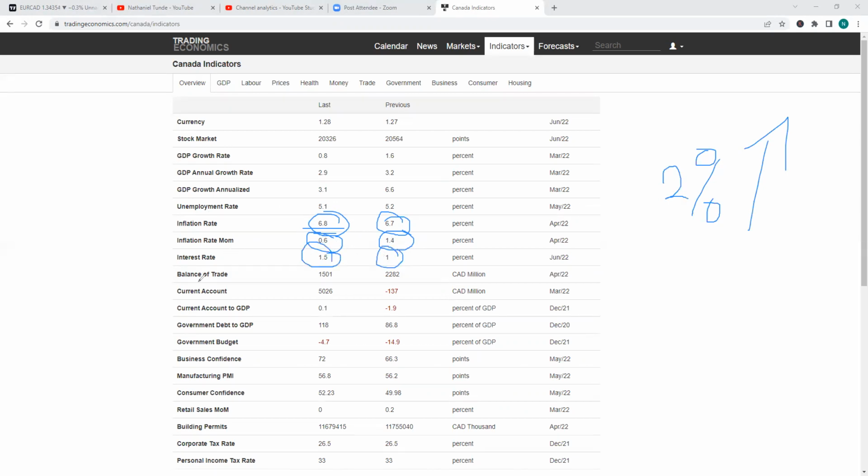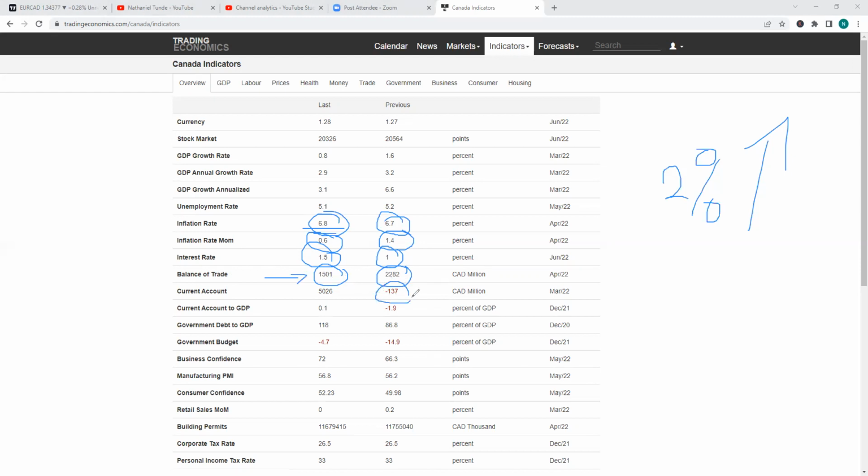1.5%. But look at balance of trade, 2,282 million Canadian dollar, and then it dropped to 1,501 million. But you know what? It's not a negative. Look at what happened here.